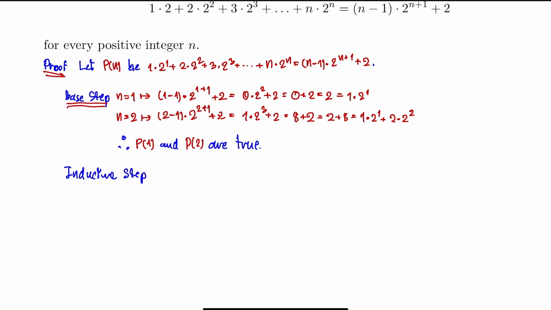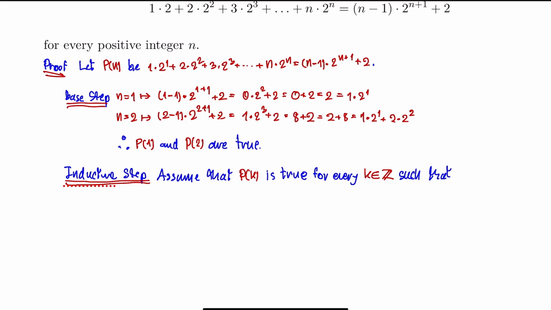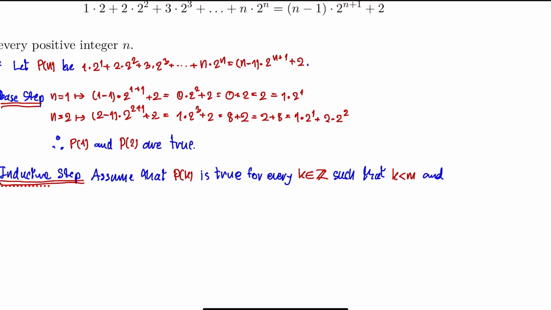Now, let's take a look at the inductive step. So what can we do with the inductive step? For the inductive step, we have to assume that P of k is true for every integer k such that k is less than m, and m must be greater than or equal to 3.